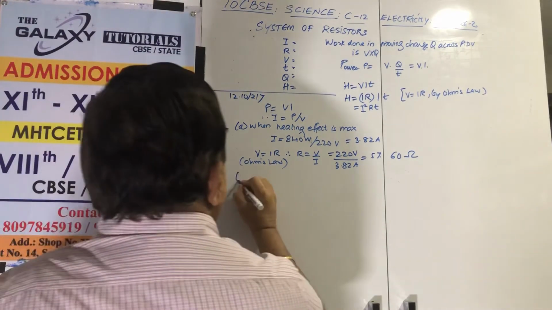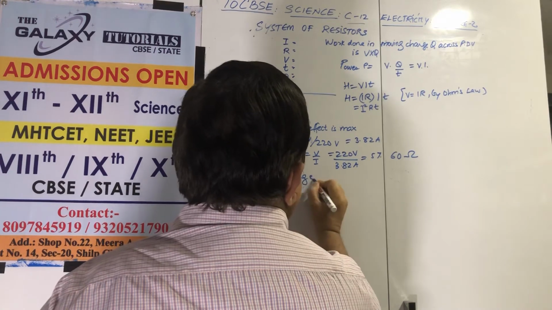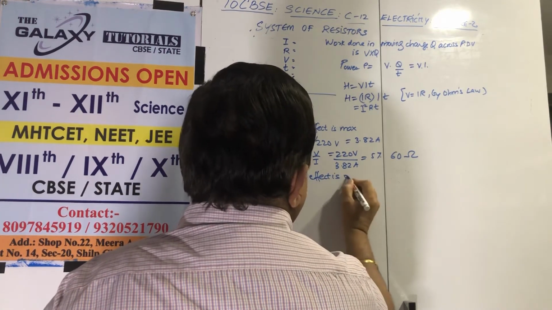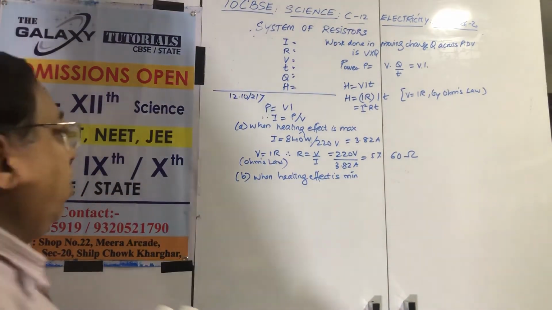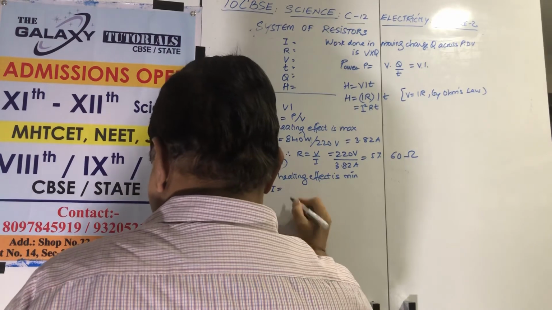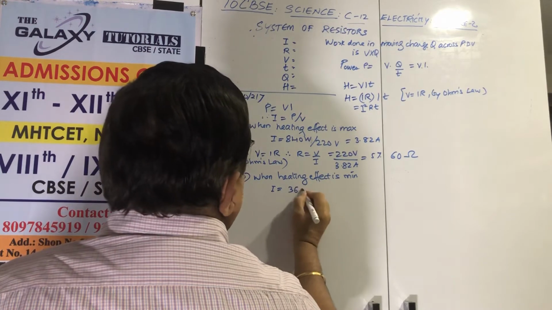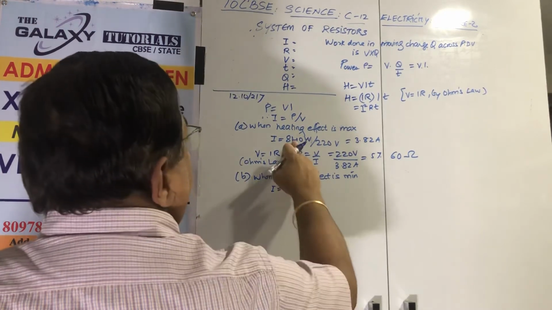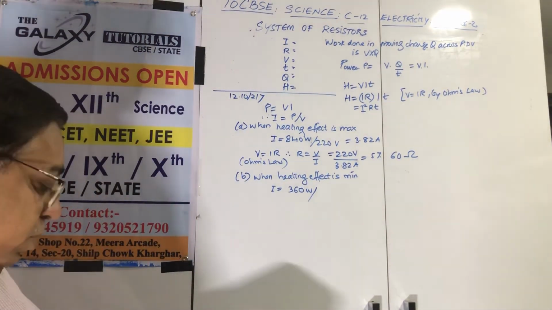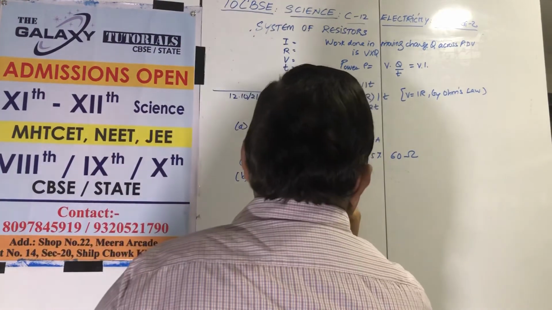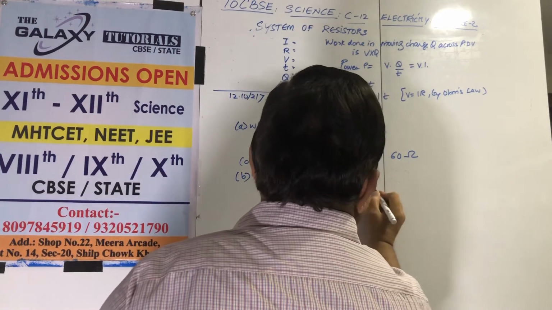Now, when the heating effect is minimum, you are putting it at the minimum value to heat. He says at minimum it is 360 watts. Maximum 840, minimum 360 is the range over which a heater will work. Then voltage does not change. So when we divide this, I will get 1.64 ampere.